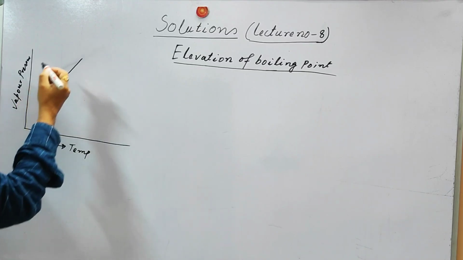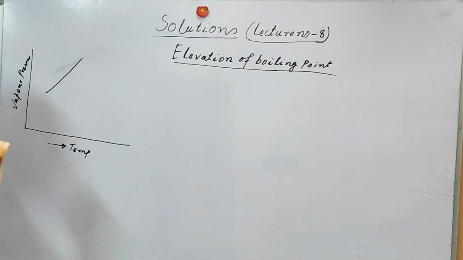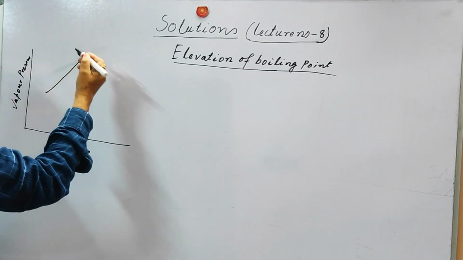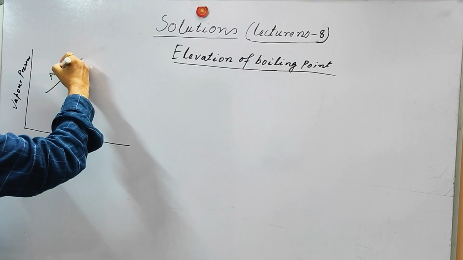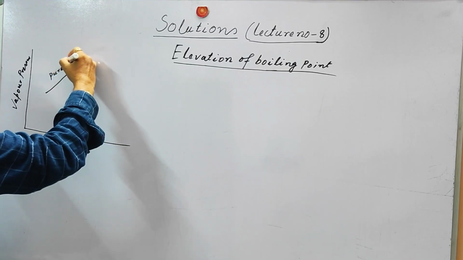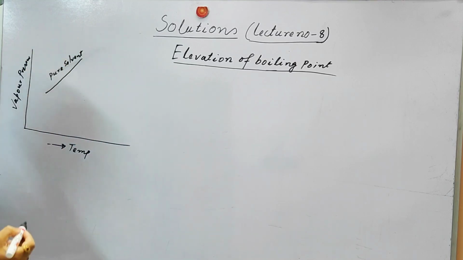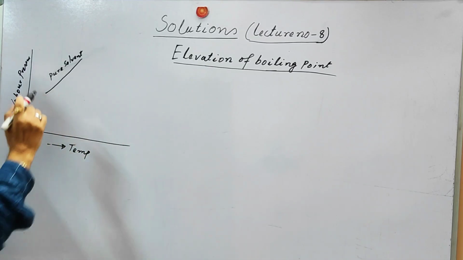For the pure solvent, it looks like this, that you can see that as we increase the temperature, the vapor pressure of the liquid goes on increasing. So we can write, it is pure solvent. As the temperature increases, the vapor pressure is going to increase.